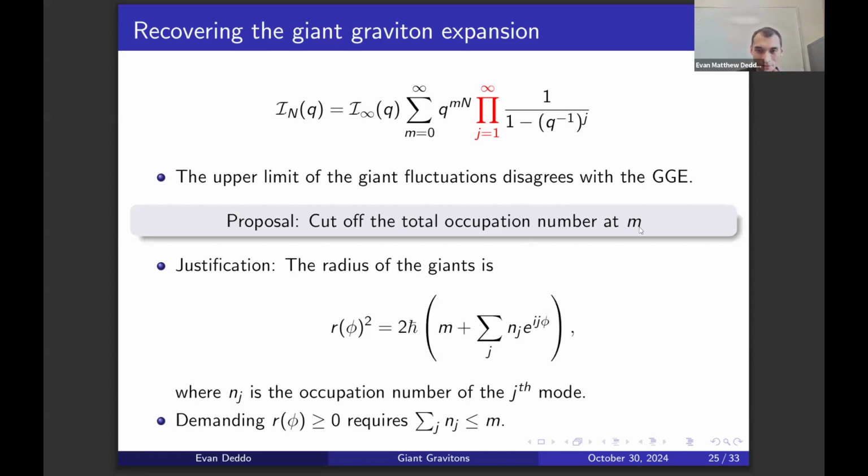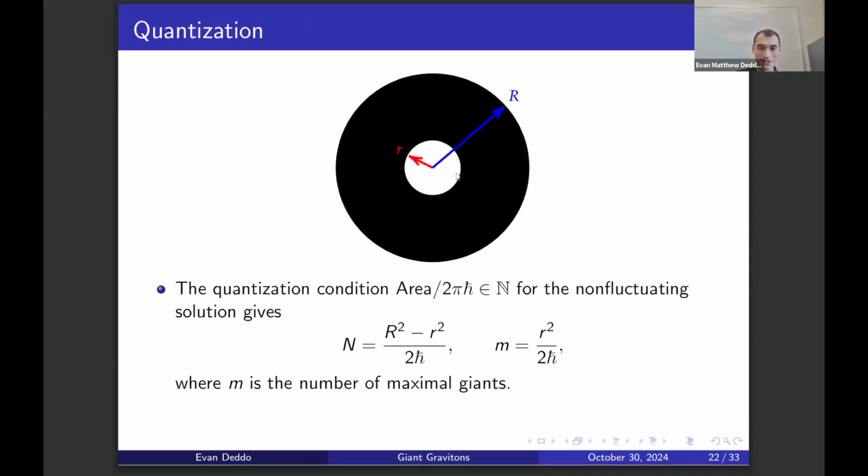This is one proposal based on this disagreement, that we should cut off the total occupation number of the giant's fluctuations. The justification is that if we consider the radial profile of this inner circle for the giants, it's possible that if we add in many modes and oscillate this inner circle, we could add in so many modes that R goes negative, which shouldn't be sensible in these LLM configurations.